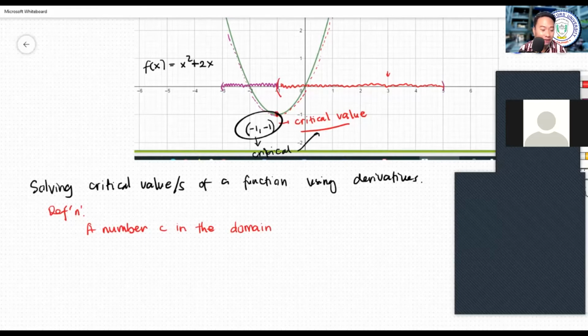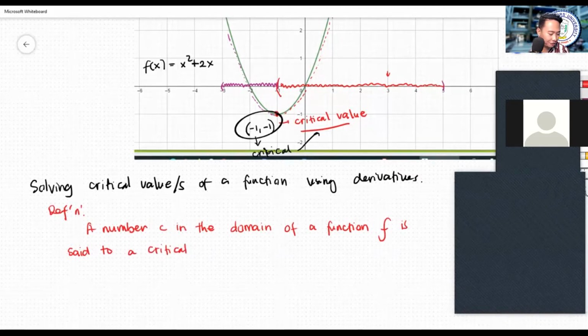Remember what is a domain? What's the definition of a domain, guys? How do you define a domain? Values of x for which the function is defined. Very good.